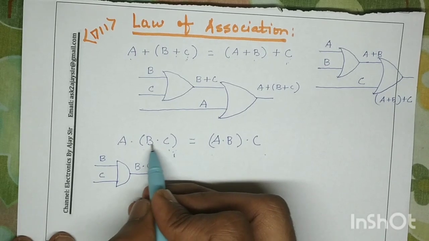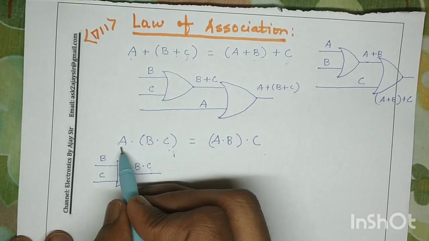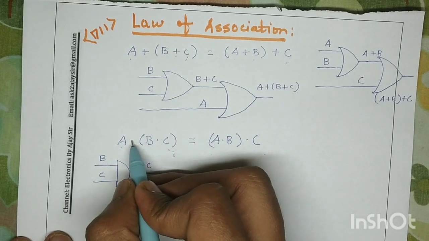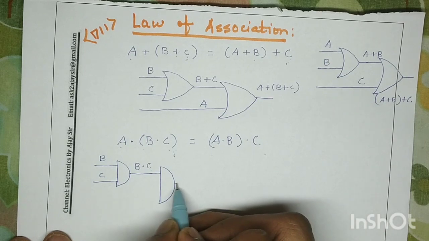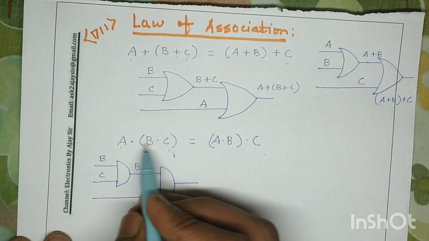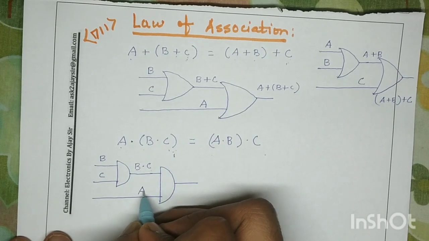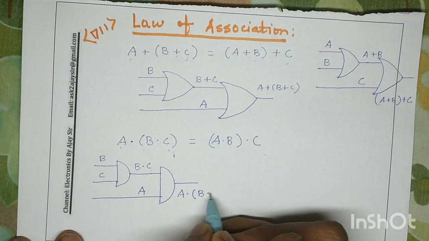Finally this b dot c is ANDed with the signal a. For this dot, again I need an AND gate, and one input is b dot c, another input is a. So ultimately it gives you the signal a dot (b dot c).